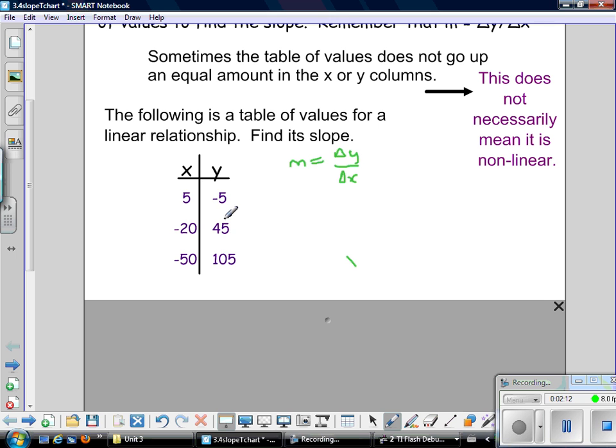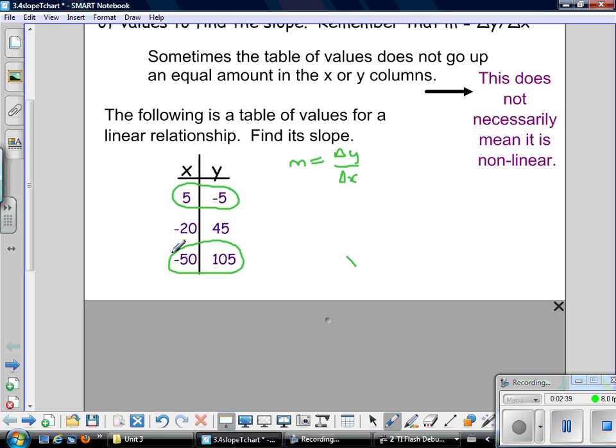For instance, I would like to work with 5 and negative 50, because those are kind of small numbers. I could choose these two points and not even look at that middle point, and I could calculate my delta y and delta x.